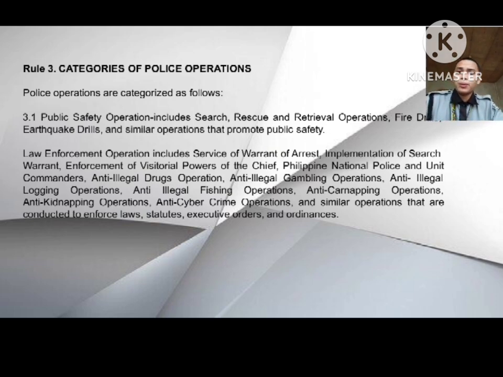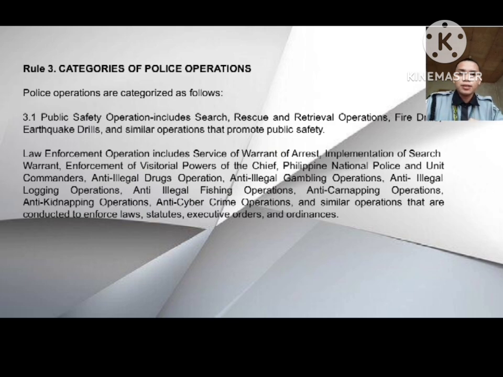So the best way to give an example of these public safety operations is what is happening today. There are earthquakes and calamities, so during that time they include search and rescue, especially for landslides and missing persons. So this is an important type of operation in the police. Another example is fire.